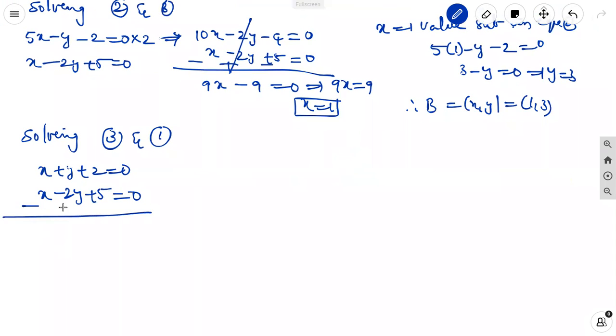Subtract one from the other, minus plus minus. X gets cancelled, 1y plus 2y is 3y minus 3 equal to 0. From this, y equal to 3 by 3 is 1.